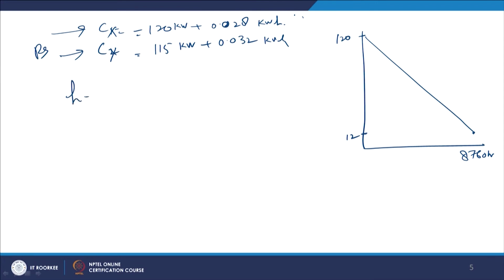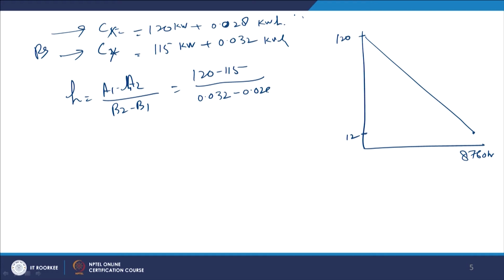H is equal to A1 minus A2 divided by B2 minus B1. So, A1 minus A2 is 120 minus 115 divided by 0.032 minus 0.028, and this is equal to 1250.